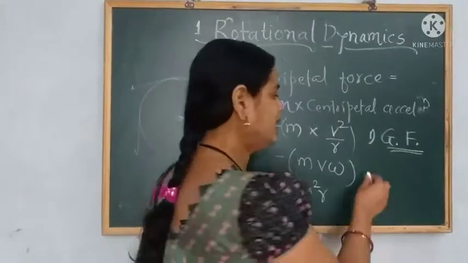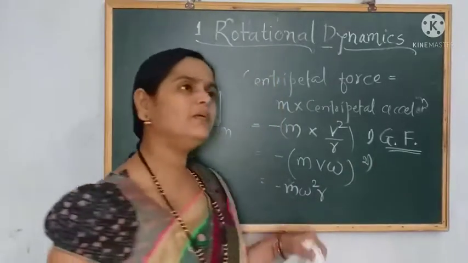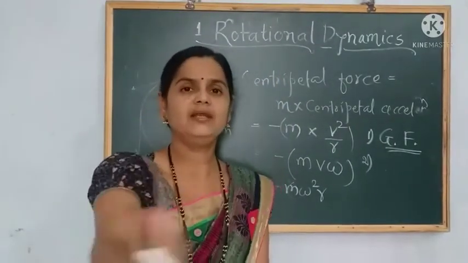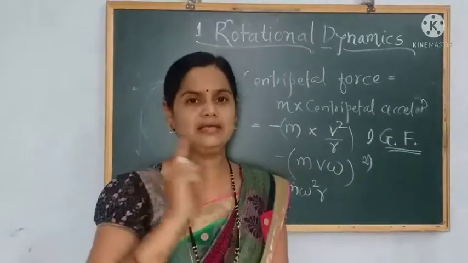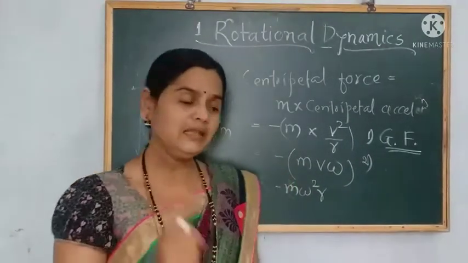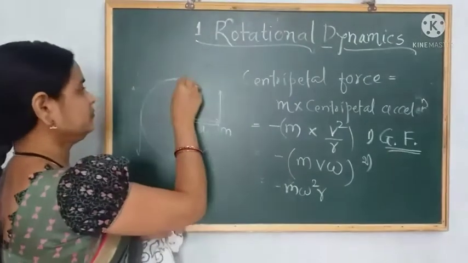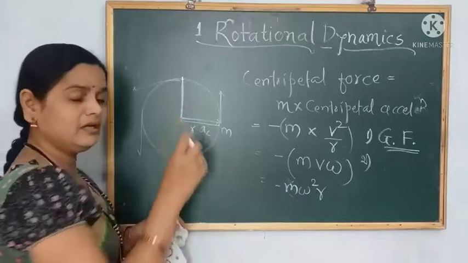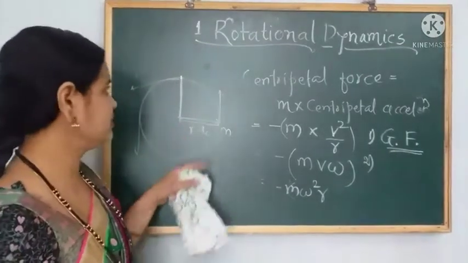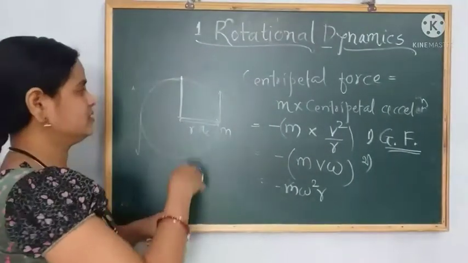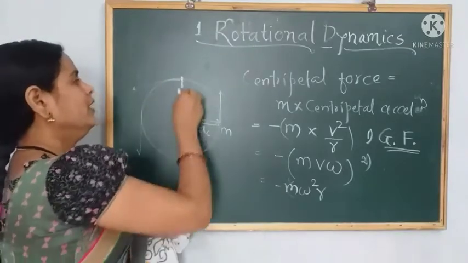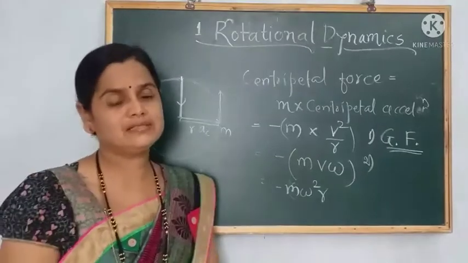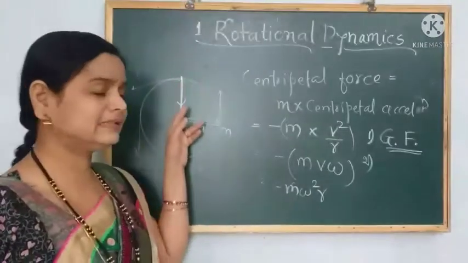Secondly, consider another example, say a stone tied to a string and reeled in a horizontal circle. Suppose the stone is here, tied to the string; the length of the string acts as the radius of the circle. We find the tension in the string.